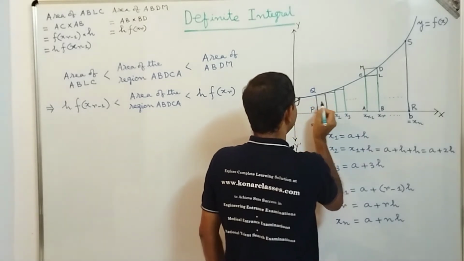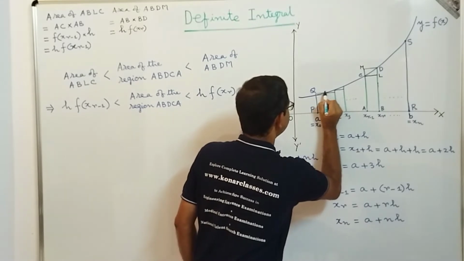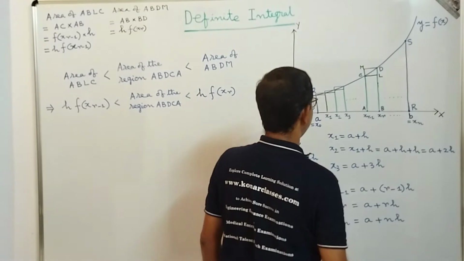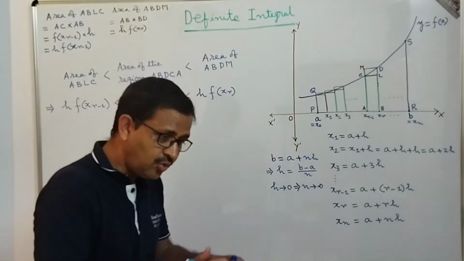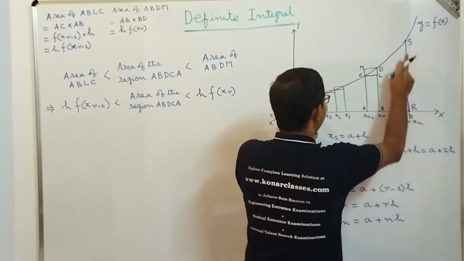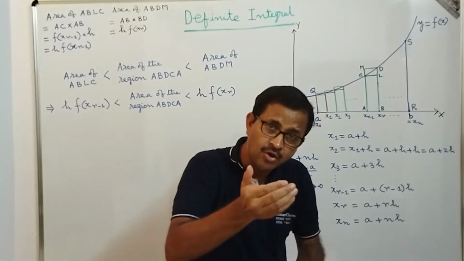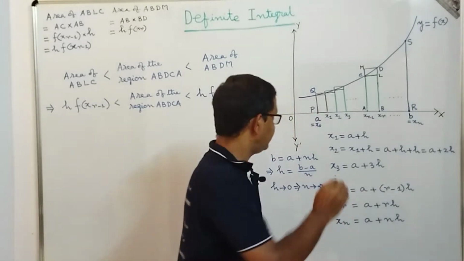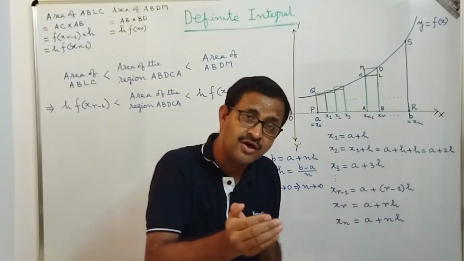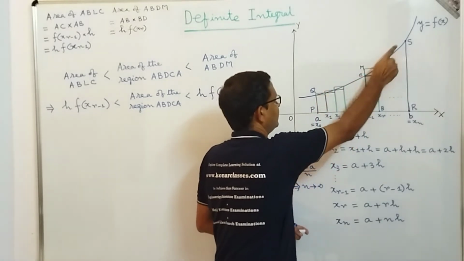And that should be lesser than the upper rectangles. Correct? In that way we can proceed. So what we see, that area of the region PRSQP is actually greater than the sum of the areas of the lower rectangles, and lesser than the sum of the upper rectangles.